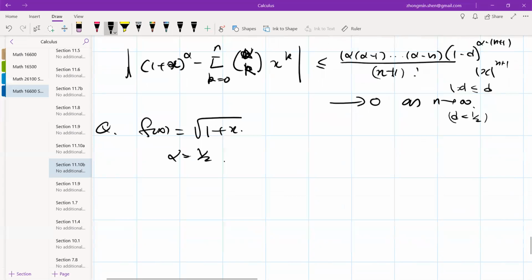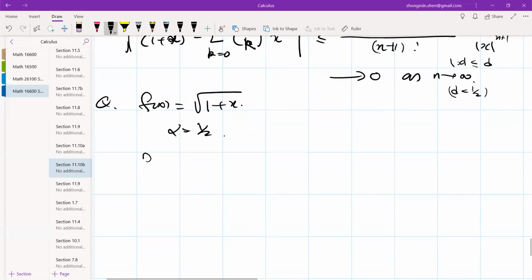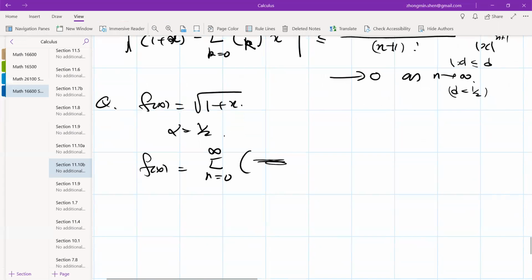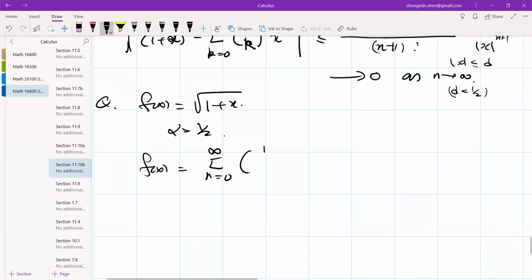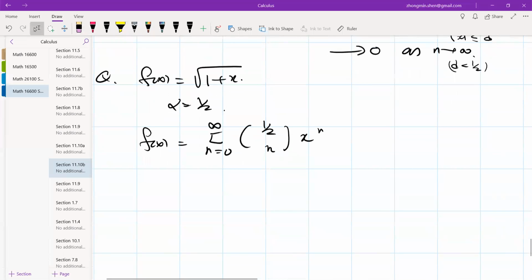Okay, so the power series. This is going to be the sum of (1/2 choose n) x^n, and this is for x less than 1.